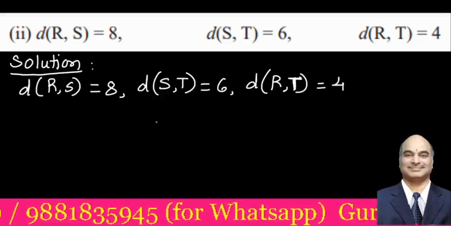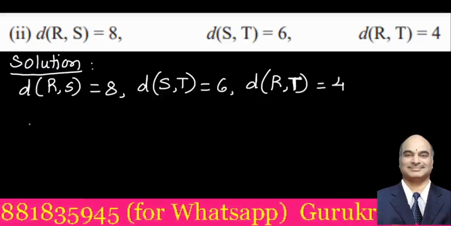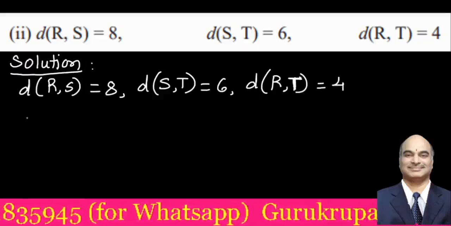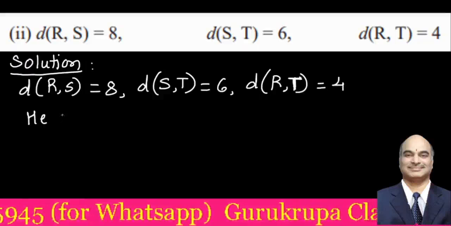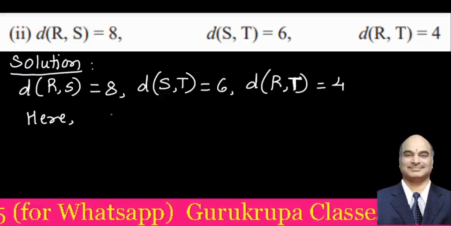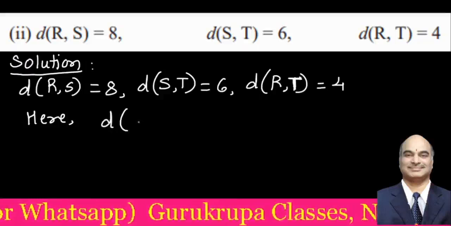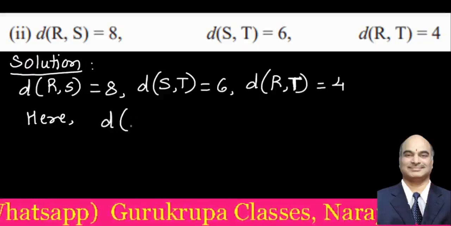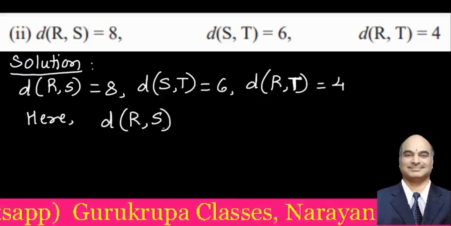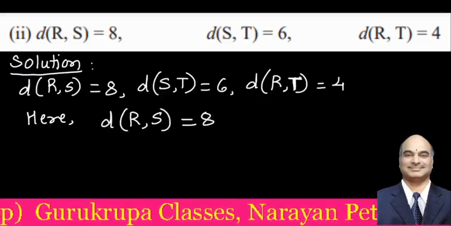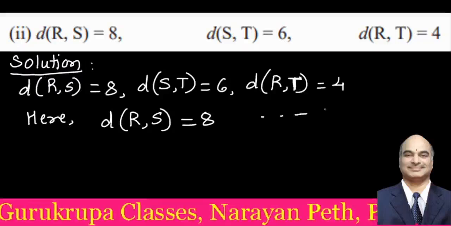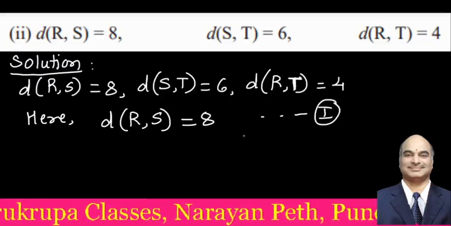These three distances are given. Now first of all, we write down the greater distance. Here distance RS is greater. Distance RS is equal to 8. That is our statement number 1.